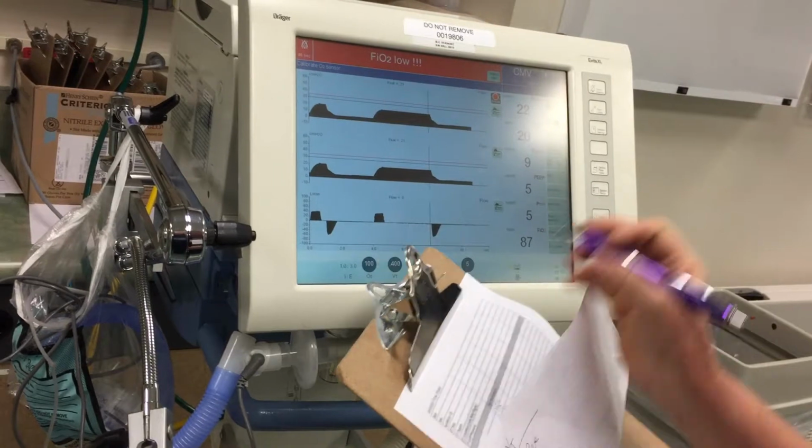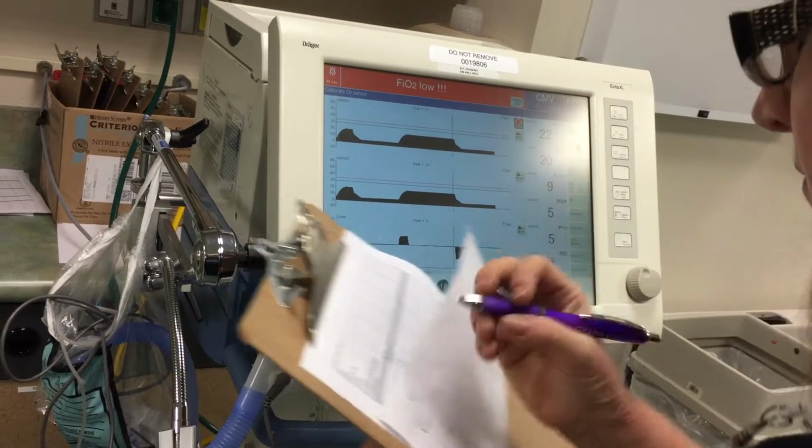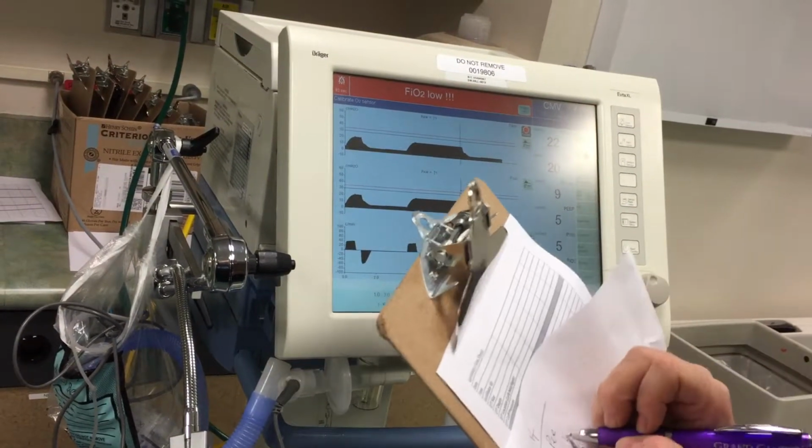That's 15, divided into my tidal volume of 400.